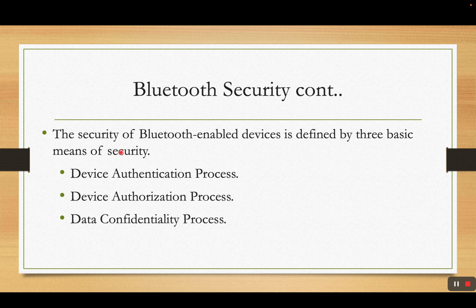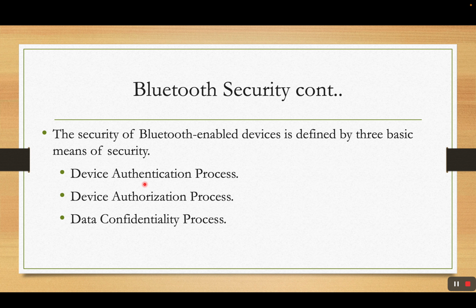Now, the security of Bluetooth enabled devices is defined by three basic means of security: the device authentication process, the device authorization process, and the data confidentiality process. The first one, the device authentication process, is the first process of Bluetooth security.